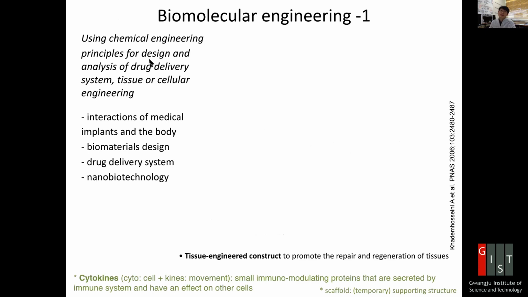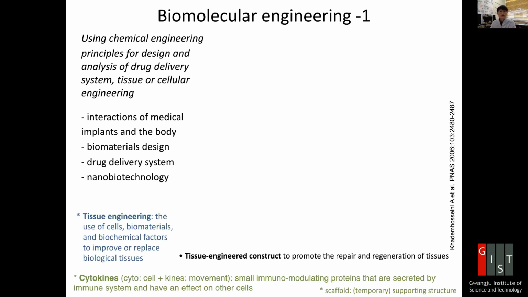This comes from using chemical engineering principles for design and analysis of drug delivery systems, or tissue or cellular level engineering. So interaction of medical implants and the body, or biomaterials design and drug delivery systems, and so-called nanotechnology plus biotechnology. So nanobiotechnology is an example.